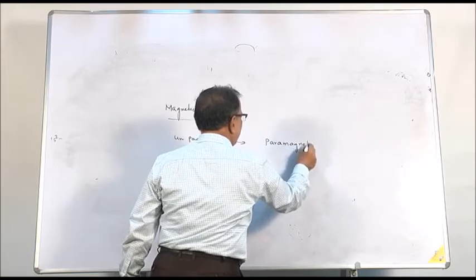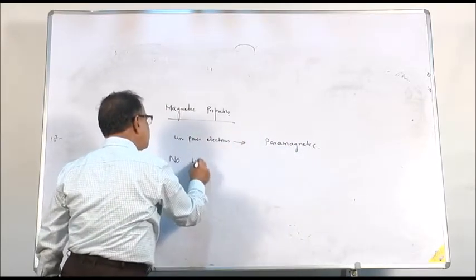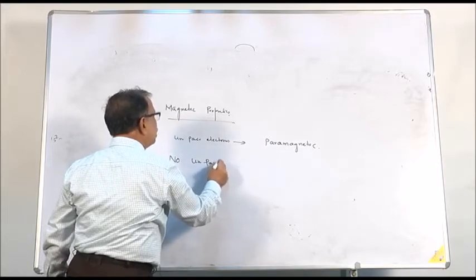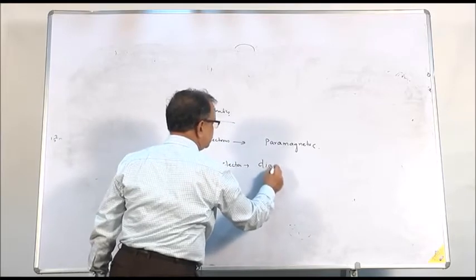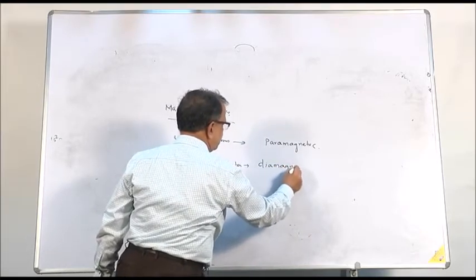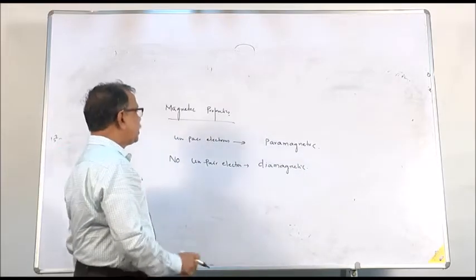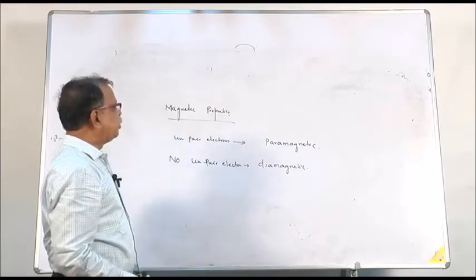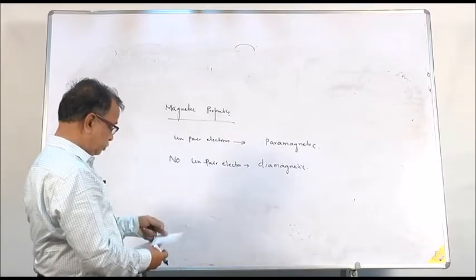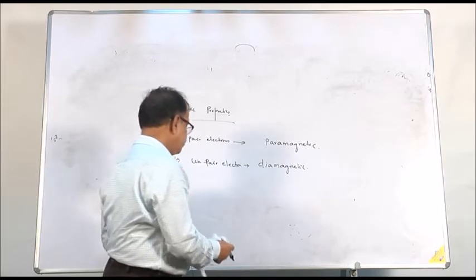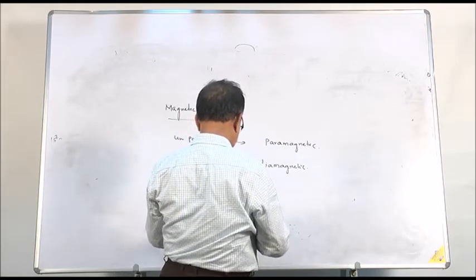If all are paired, no unpaired electrons, that is diamagnetic. Now we can explain which is paramagnetic and which is diamagnetic. Suppose we take scandium 3+.